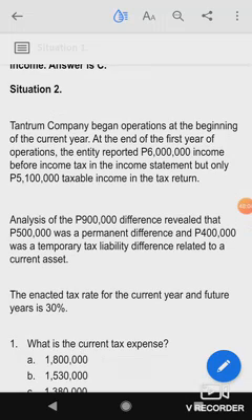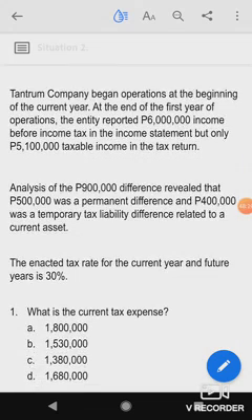So situation 2. Tantrum Company began operations at the beginning of the current year. At the end of the first year of operation, the entity reported 6 million income before income tax in the income statement, but only 5,100,000 taxable income in the tax return. Analysis of the 900,000 difference revealed that 500,000 was a permanent difference and 400,000 was a temporary taxable difference related to a current asset.